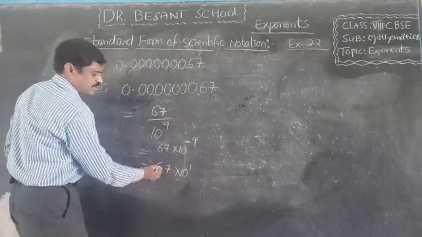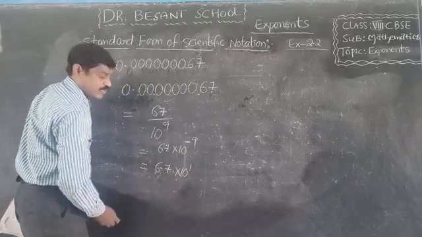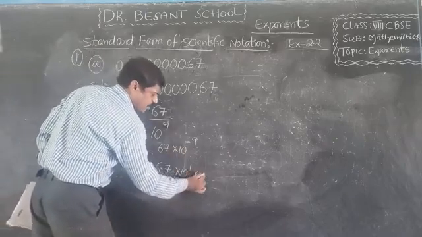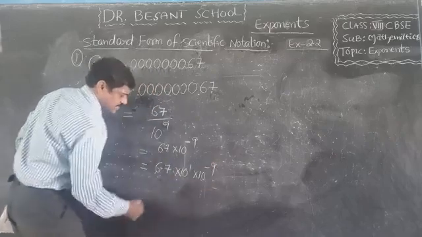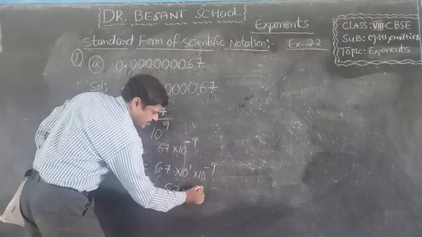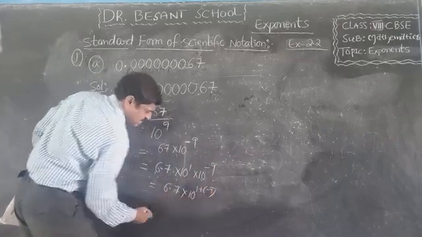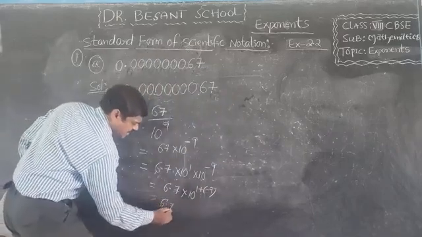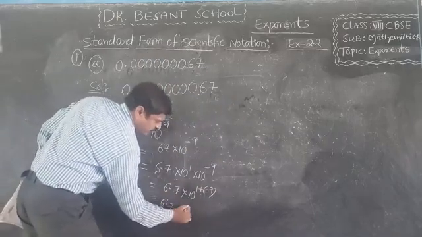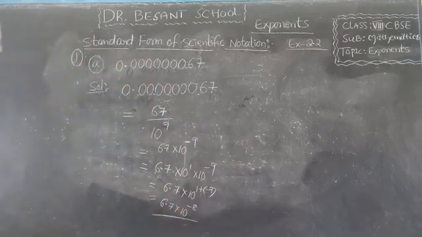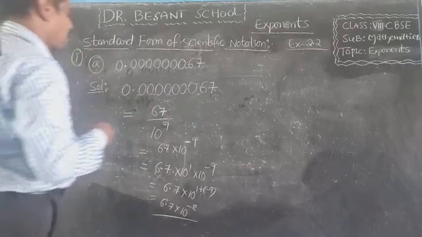We know that after decimal, one digit, that's 10 power 1. So 6.7 into 10 is equal to 67. This is 10 power minus 9. That is equal to 6.7 into 10 to the power of 1 plus minus 9. So that is equal to 6.7 into 10 to the power of minus 8. So this is scientific notation A.